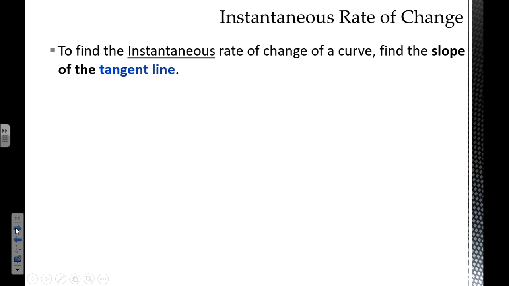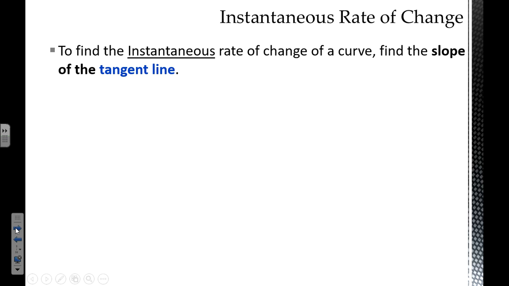The instantaneous rate of change of a curve means we are finding the slope of the tangent line.